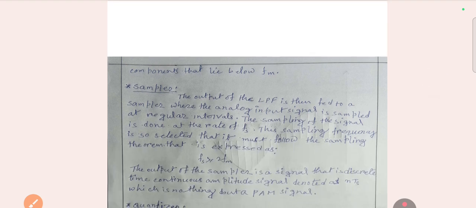Sampler. The output of the low-pass filter is then fed to a sampler where the analog input signal is sampled at regular intervals. The sampling of the signal is done at the rate of fs. This sampling frequency is so selected that it must follow the sampling theorem, expressed as fs greater than or equal to 2fm.